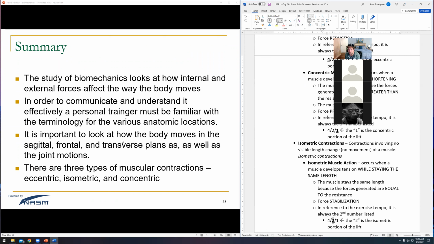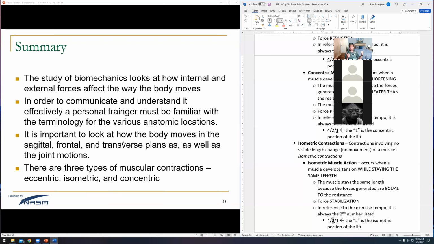Now I need to look at what muscle is going to concentrically pull to cause shoulder elevation. And I need to look at what muscle is going to concentrically pull to perform depression. And if I can look at that, I'm going to know what muscle I need to stretch because it's doing too much concentric work. And I'm going to need to know what muscle to strengthen because it's not doing enough concentric work, right?